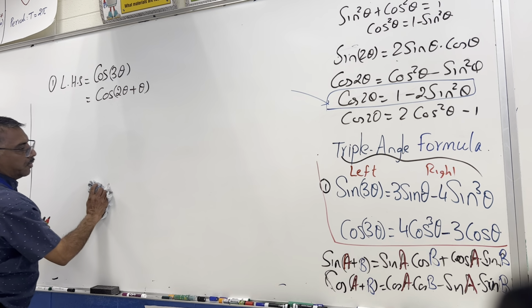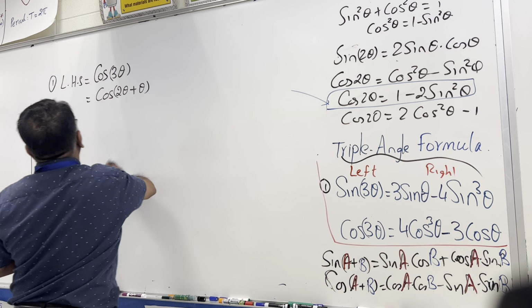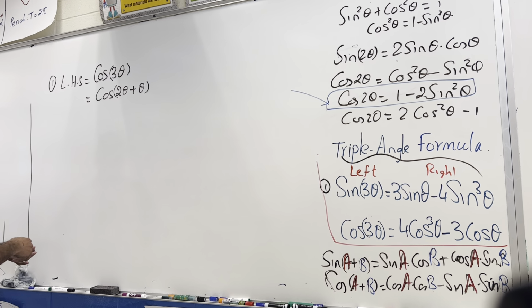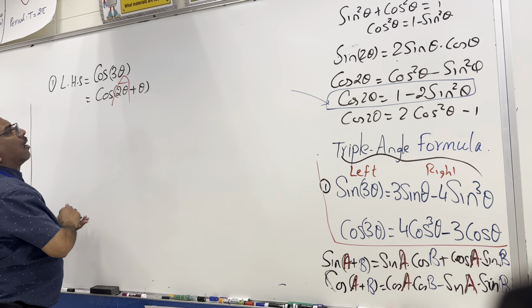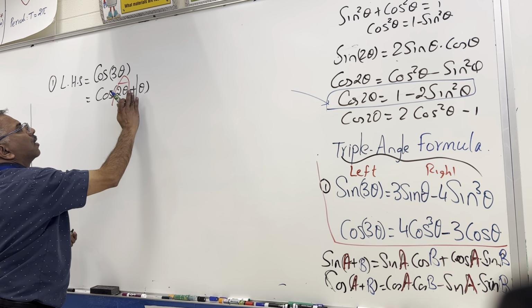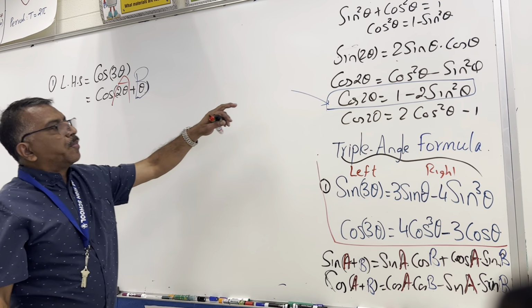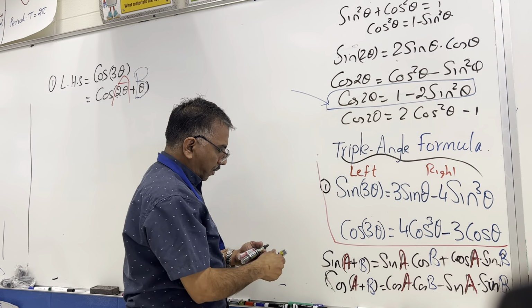Okay, so first step is write down the sum of 2 angles, and you did that, and then you can say, okay, call this A, and call the other one B, but this time we are using cosine.